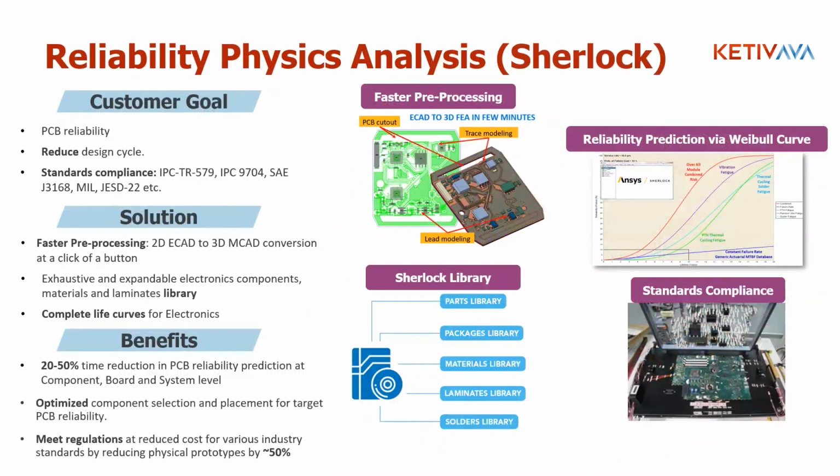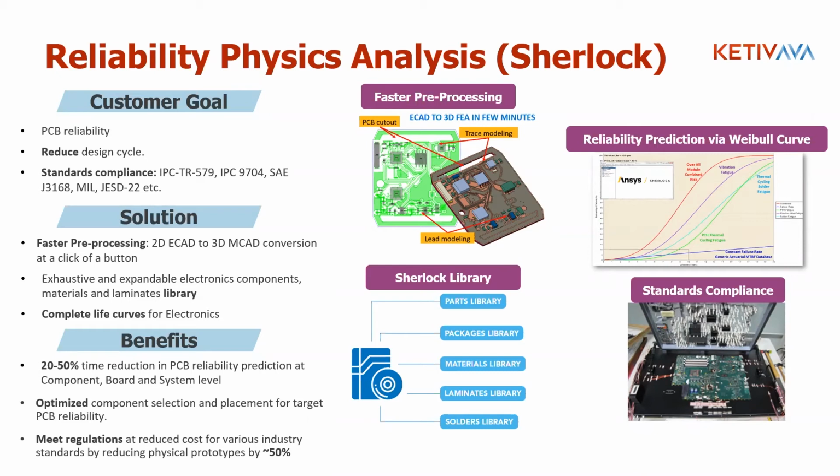And then finally, taking a slightly deeper look at the reliability physics analysis that Ansys offers called Sherlock. This is where we start looking at the individual components and what's the mean lifetime of all the capacitors on the board, all the resistors, and then look at all the different components on the board. And now we can start looking at which pieces we might need to improve, either design around them or substitution.